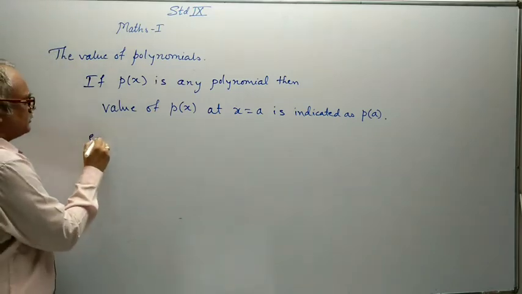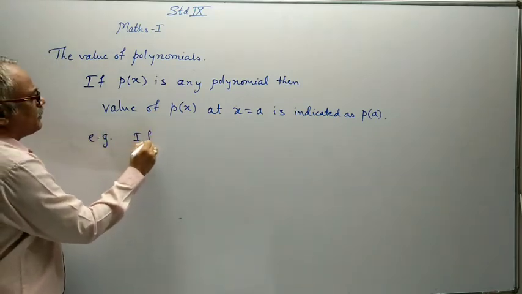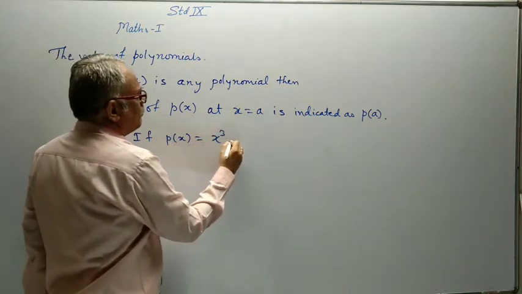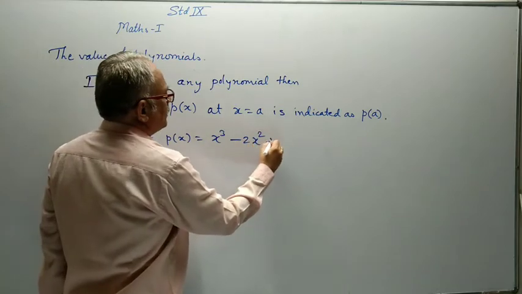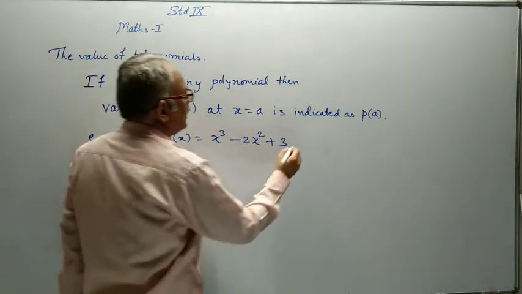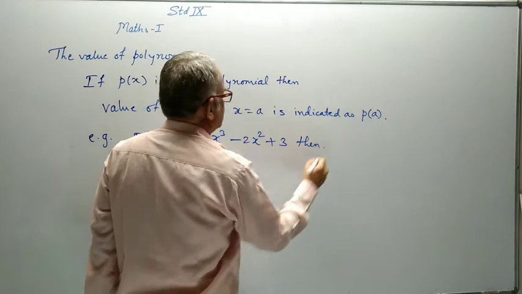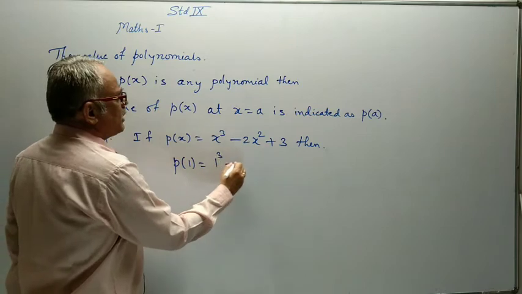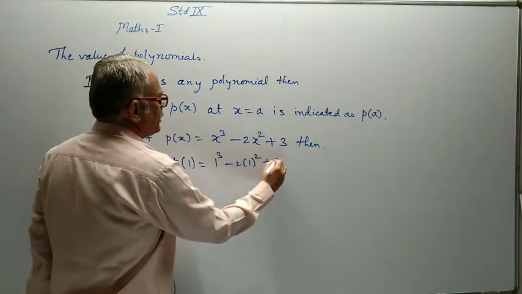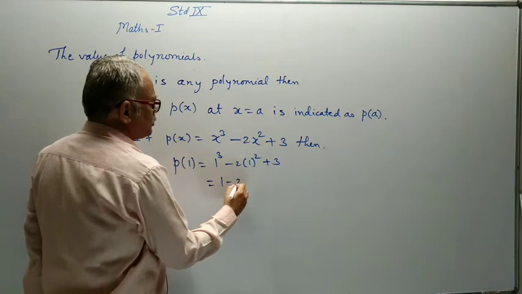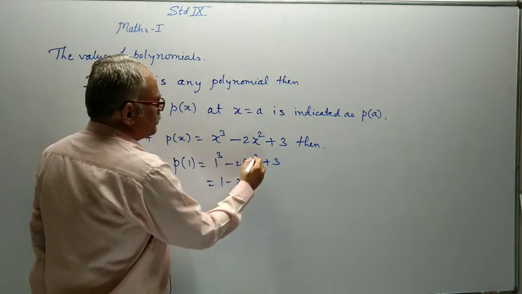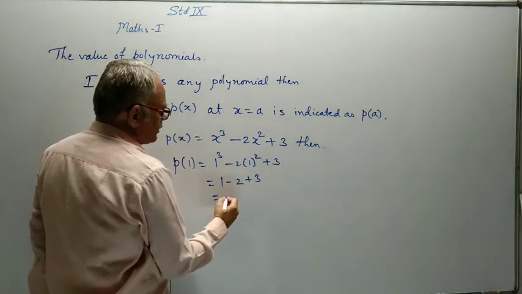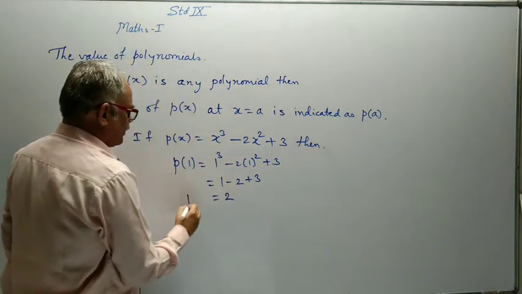For example, if p of x is equal to x cube minus 2x square plus 3, then p of 1 equals 1 cube minus 2 into 1 square plus 3. 1 cube is 1, 2 into 1 is 2, plus 3. 1 minus 2 plus 3 is 2. This is p of 1.